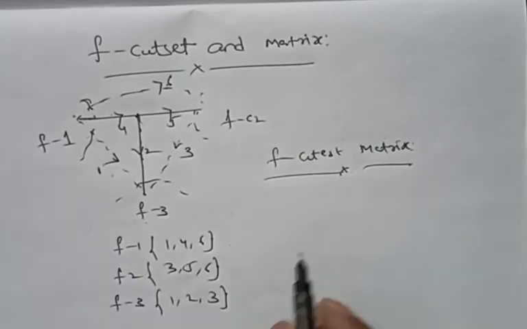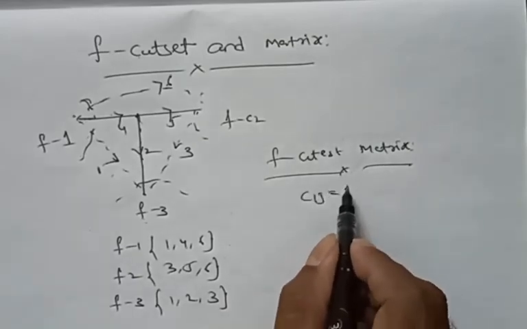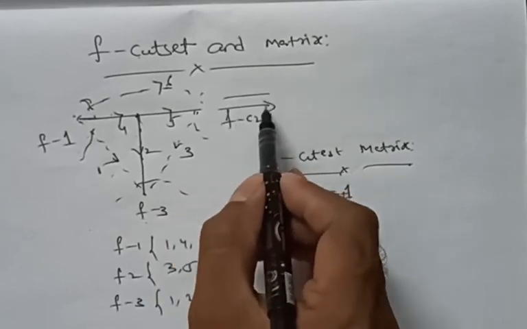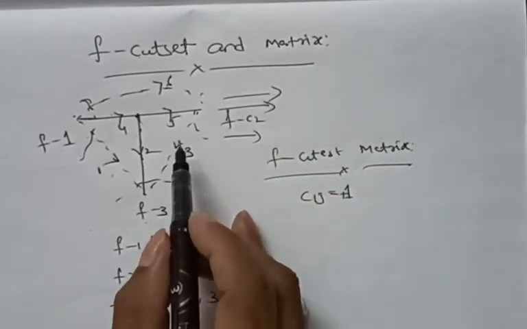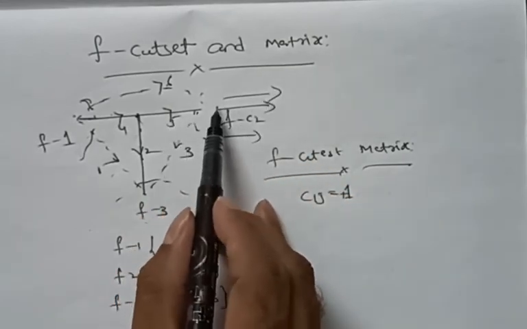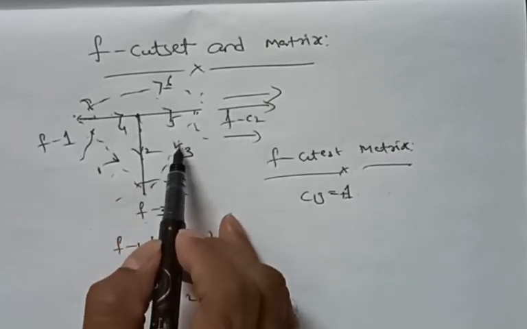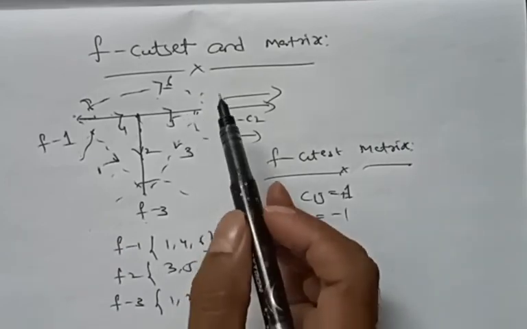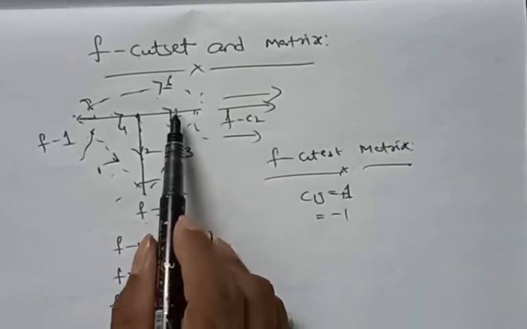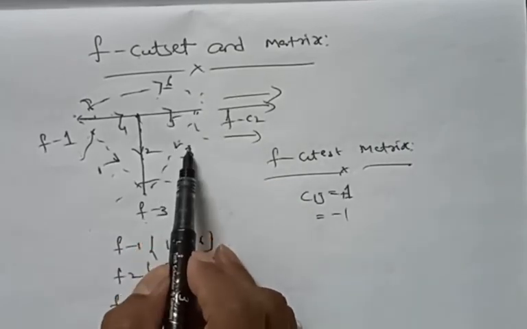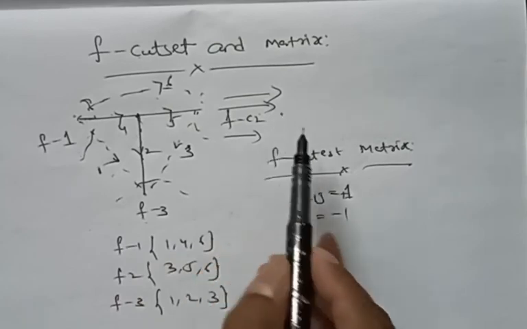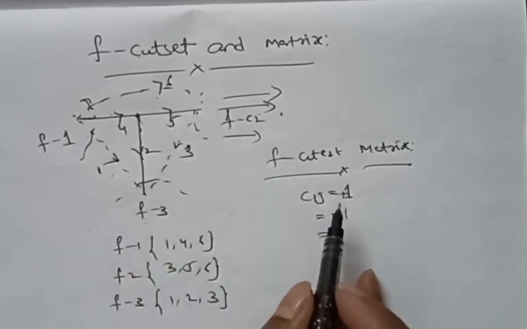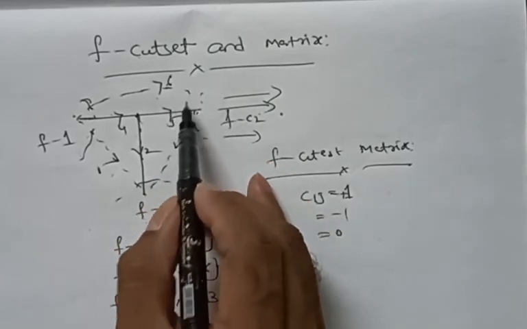How can you fill in the values? Cij equals +1 if the orientation of the fundamental cut set and the branch current coincide. It is -1 if the orientation of the branch current does not coincide with the cut set orientation, and it is 0 if the jth branch is not at all in the ith cut set.